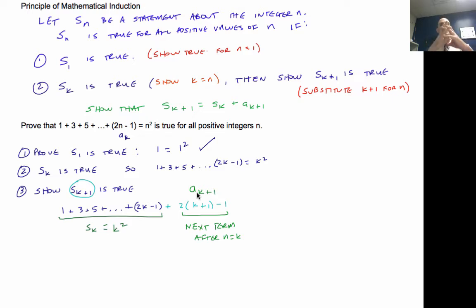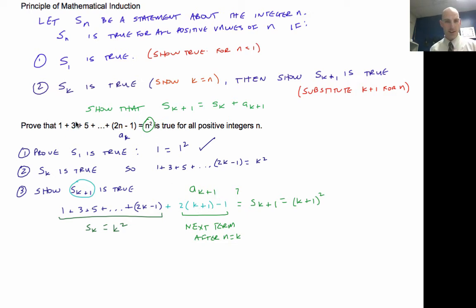It's saying take that sequence that you already had and add on to it the next one. And I want to show that that's equal to S sub k plus 1, which is equal to not n squared, but k plus 1 squared. Why? Because I'm showing that k plus 1 is true, so I have to sub in k plus 1 for every single value. That's what I did here.